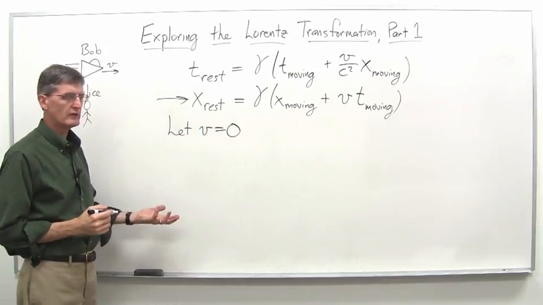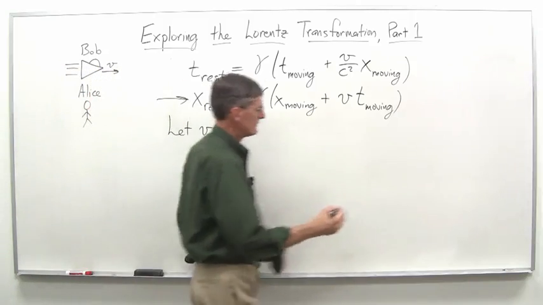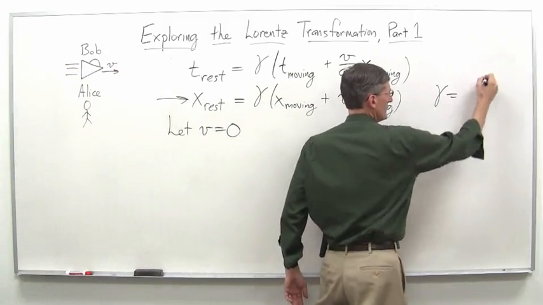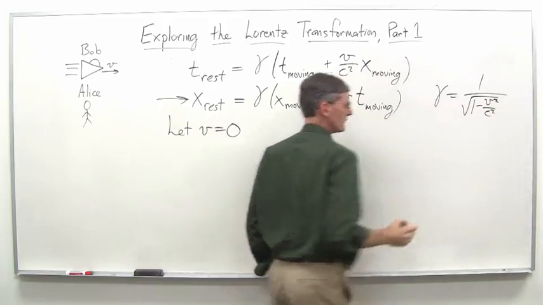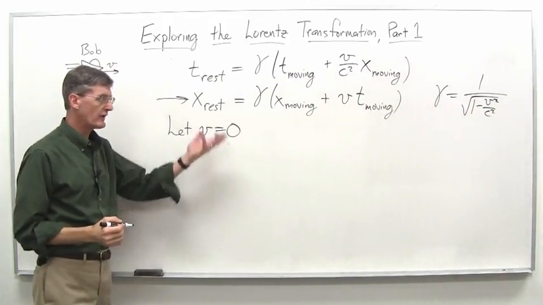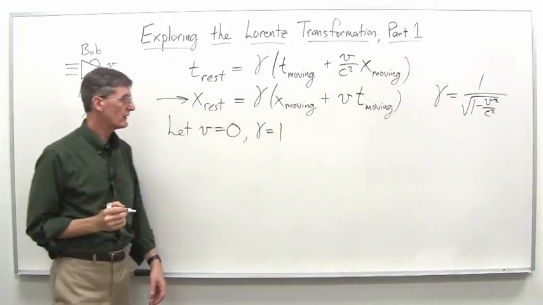What if the velocity is 0 here? Well, just to remind ourselves of gamma, 1 over the square root of 1 minus v squared over c squared. So if velocity is 0, gamma is 1.